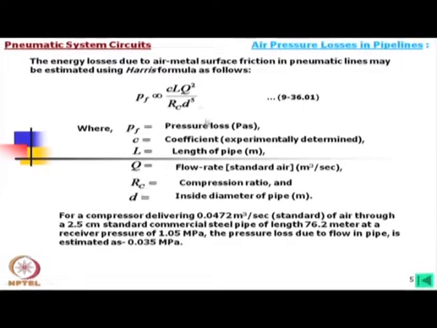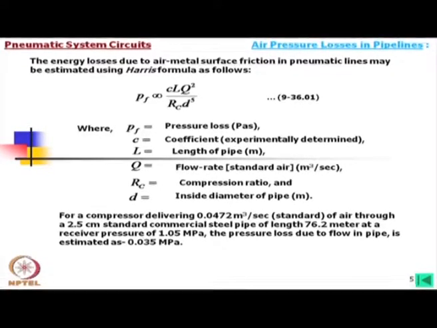Now, this C is to be determined considering the type of pipes, the type of conduits we are using. Usually in a pneumatic system, the main pipeline is of metal, that is not a flexible one, and metal means steel.